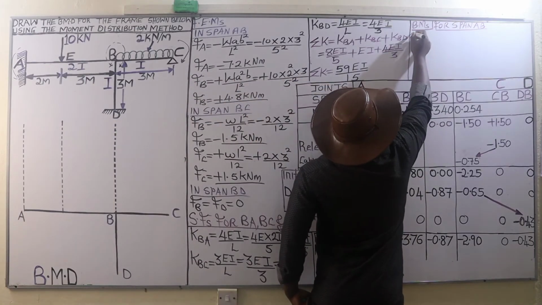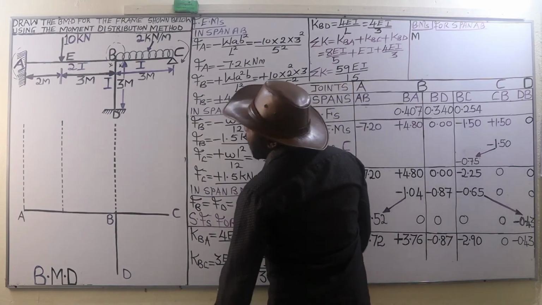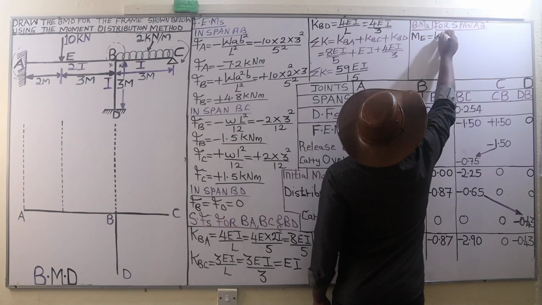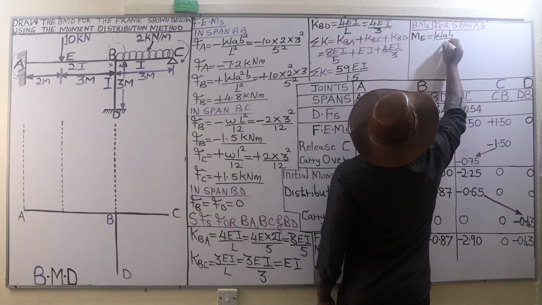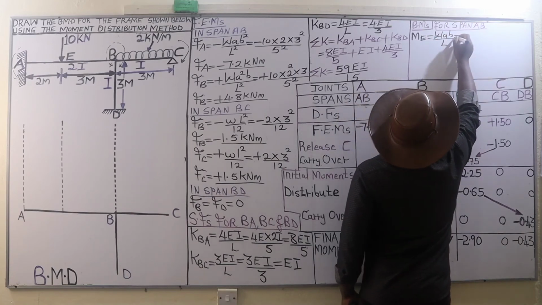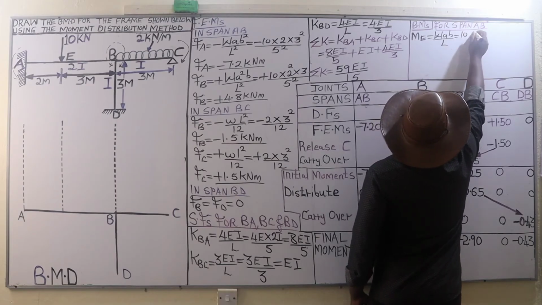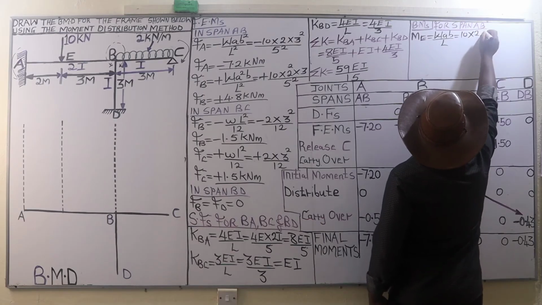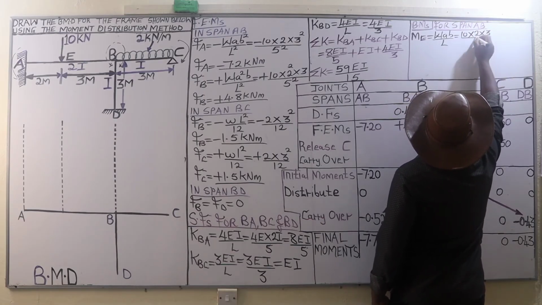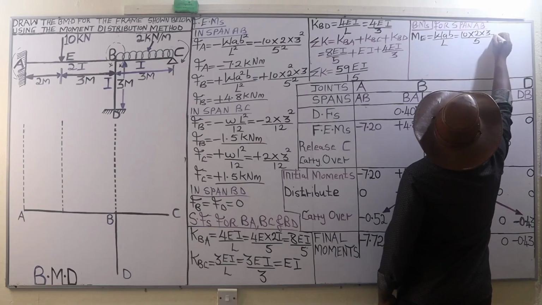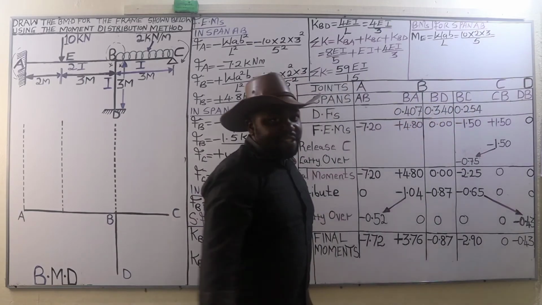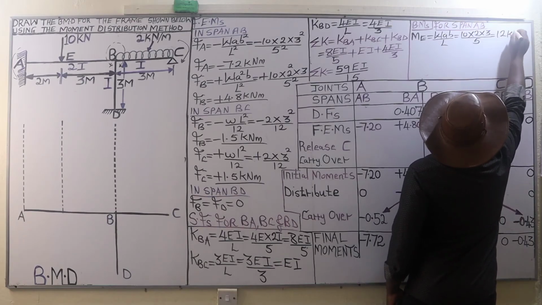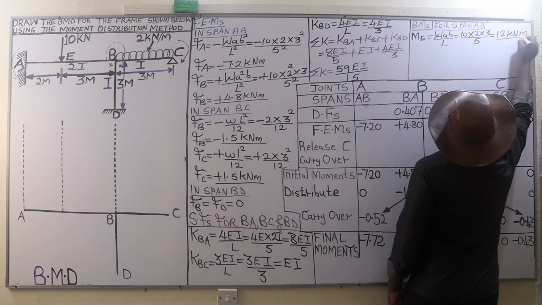So the bending moment at E will be given by this formula, WAB divided by L. This is going to be 10, which is the point load, multiplied by A, that is A to E, 2 meters, multiplied by B, which is 3 meters, divided by the whole span, which is 5 meters. And that's going to give us a bending moment of 12 kilonewton meters.